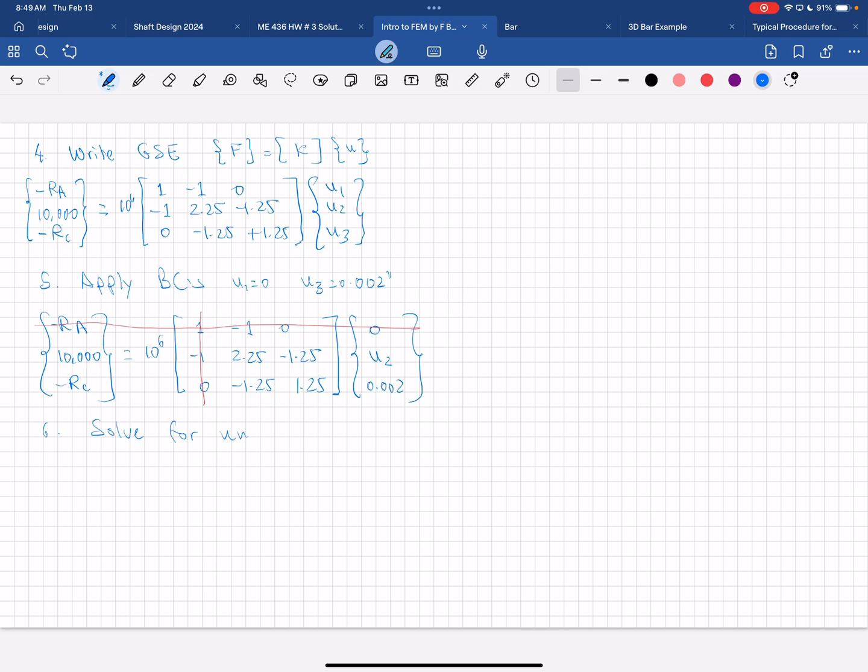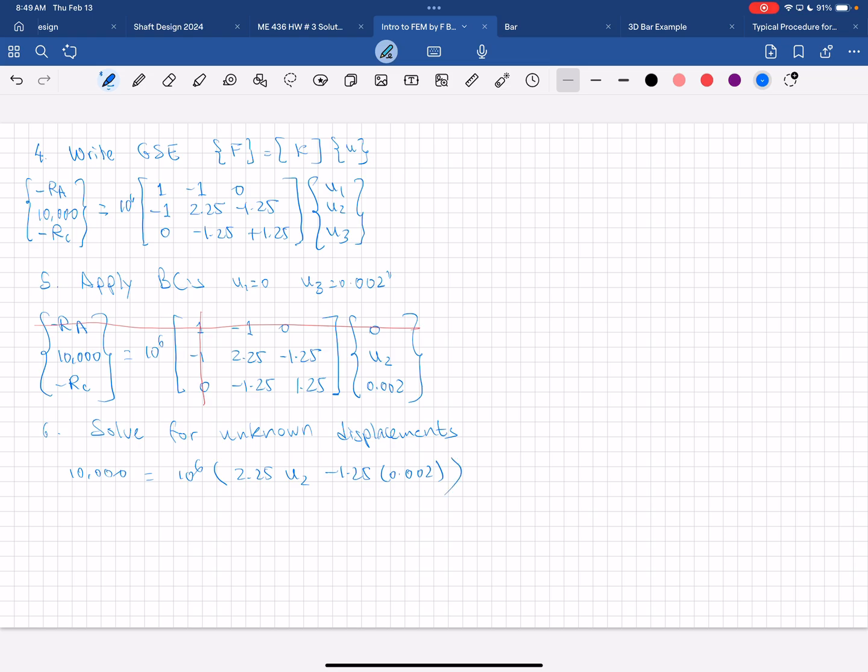So now I'm going to be solving for unknown displacements. So I have this 10,000 is equal to 10 to the power 6 multiplied by 2.25 U2 minus 1.25 times 0.002.